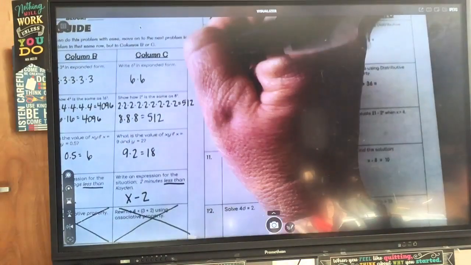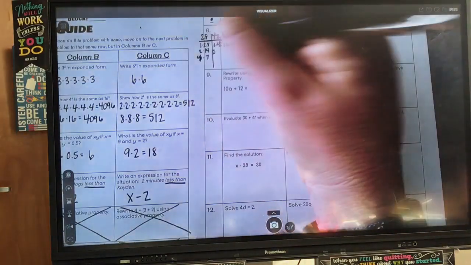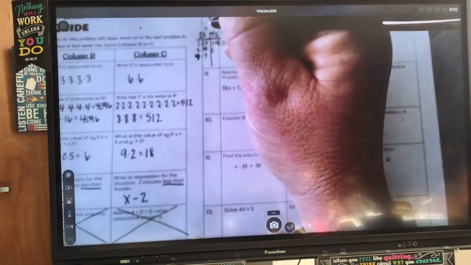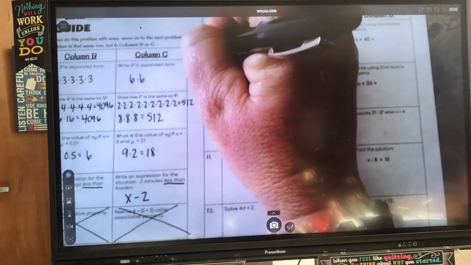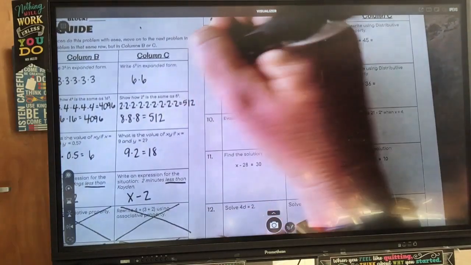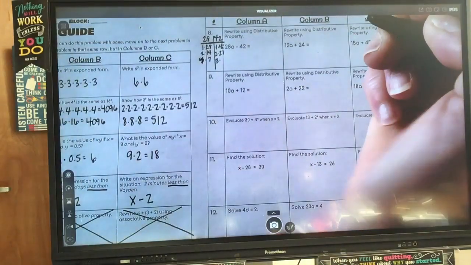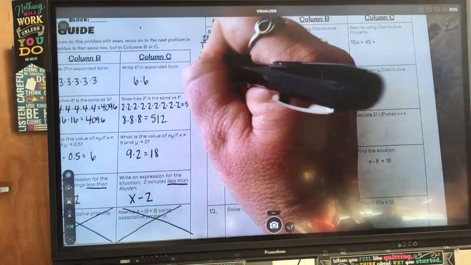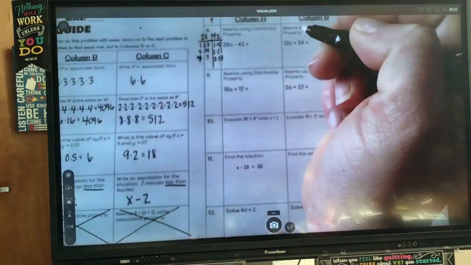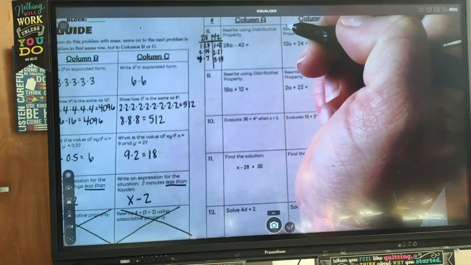Alright, over here we have 1 times 42. 2 times what? 21. 3 times what? 14. 4, does 4 work? 4 doesn't work.